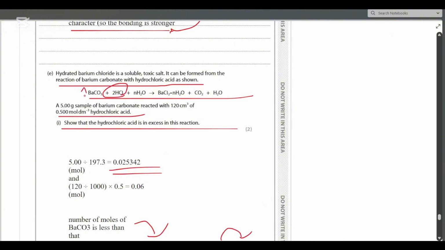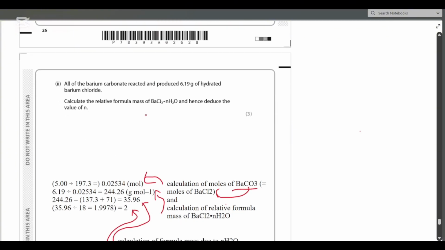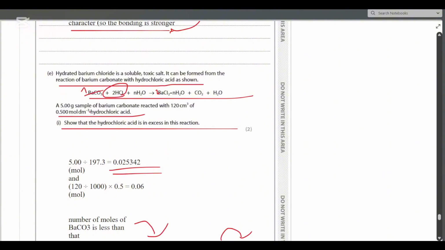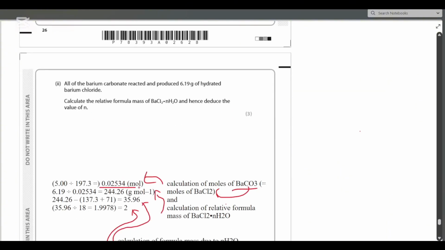So you can find the barium chloride moles by dividing the 5 grams provided in the sample by the molar mass.